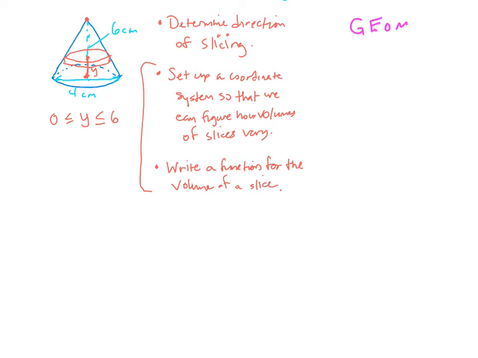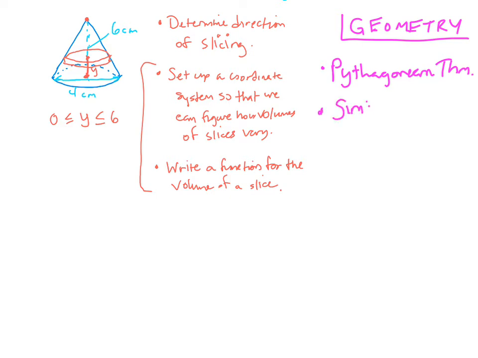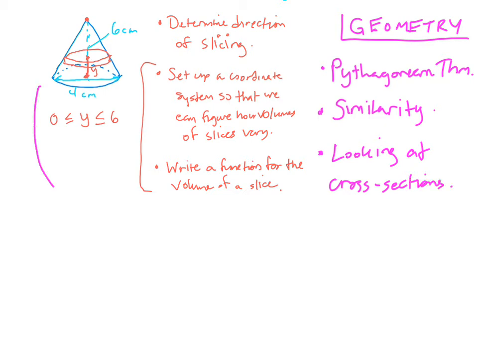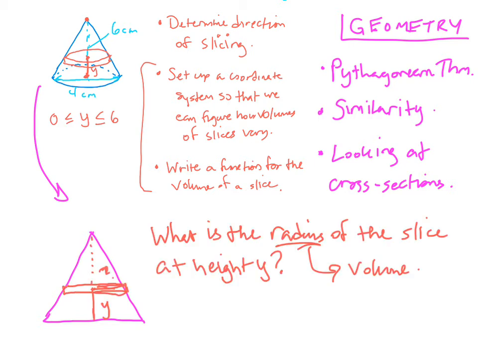So anyway, the question is, what is the radius of the slice at height y? Because if I can find the radius, then I think I can also get the volume. And the volumes are what I need to add up.